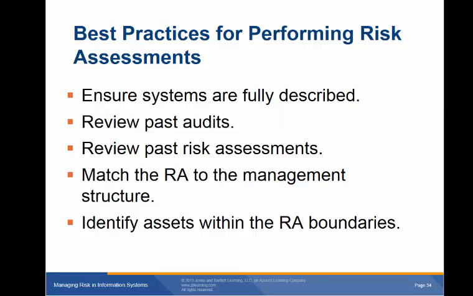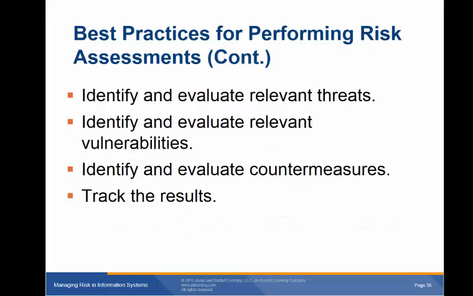Basically match the risk assessment to the management structure, and identify assets within the risk assessment boundaries. We talked about the scope, so stay on mission. Identify and evaluate relevant threats. Identify and evaluate relevant vulnerabilities. Identify and evaluate countermeasures, and then track the results.